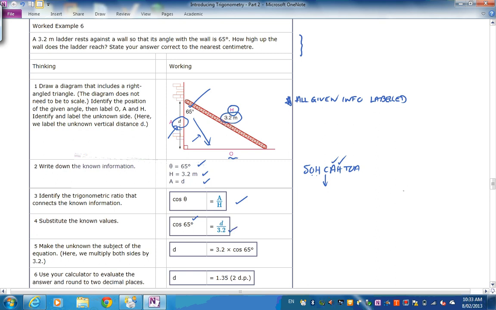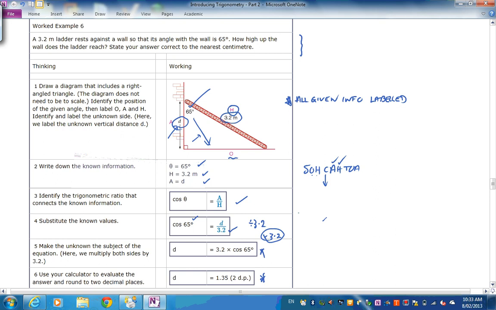We need to find D. D has been divided by 3.2. So to get D back again, we will multiply both sides by 3.2, solving the equation by inverse operations in reverse order. So D is this thing, and you would then put that on the calculator.